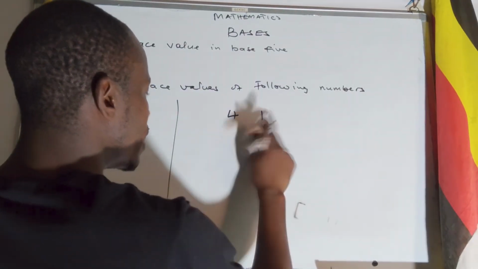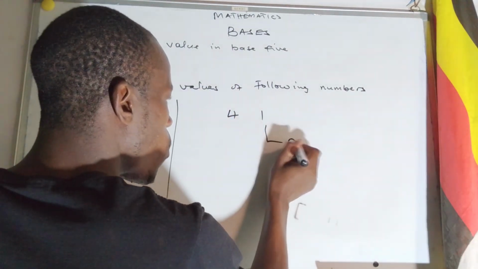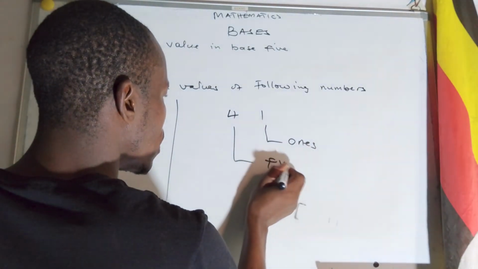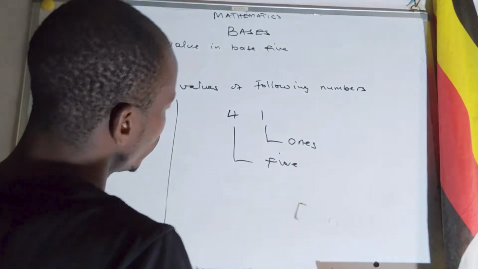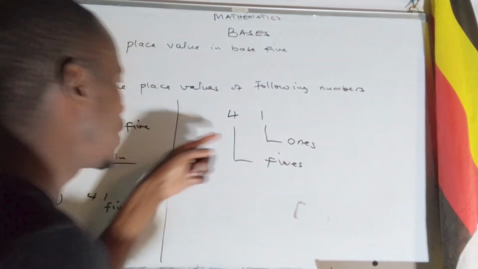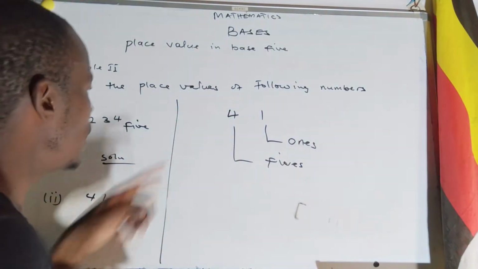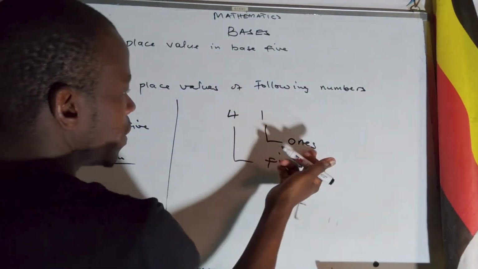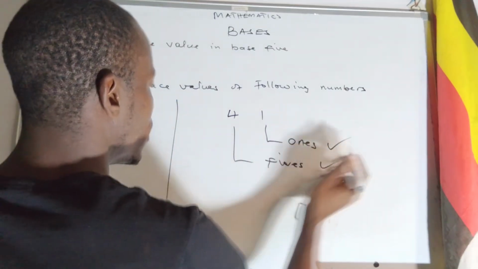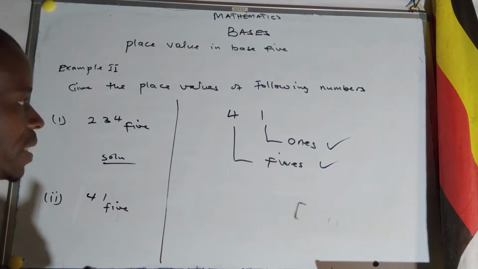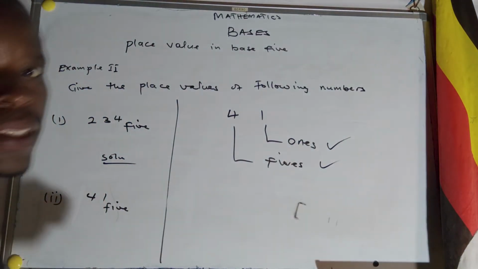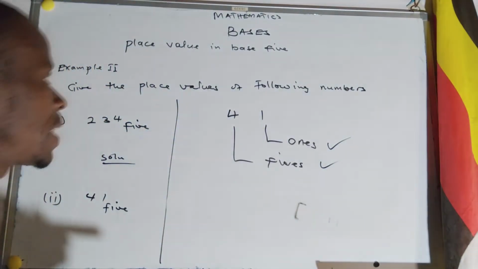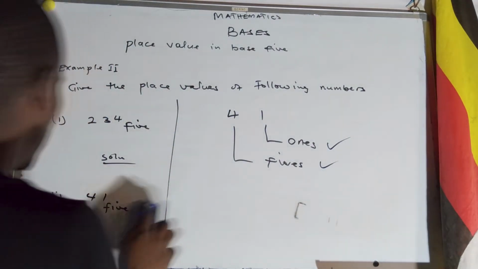Then the first digit we said you give it 1s. The second you give it 5s. So the place value of 4 1 is 1s, 5s. That's how we look place values in base 5. As simple as that. Let us move to the next example.